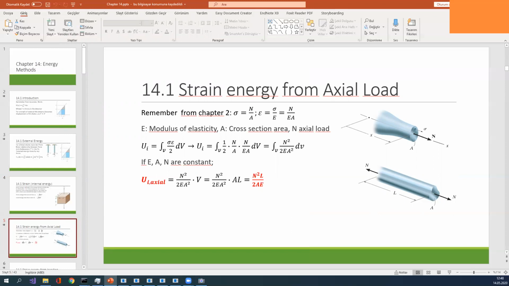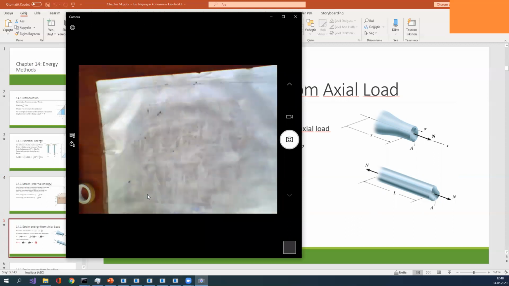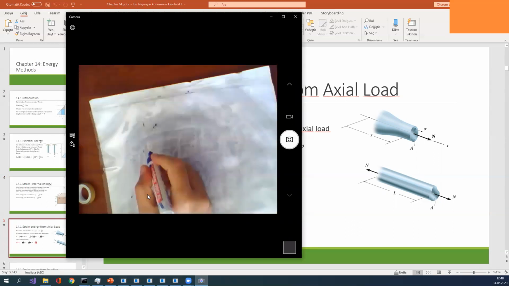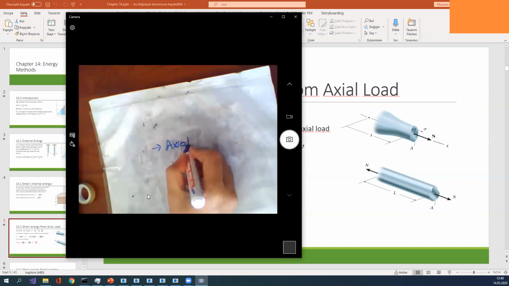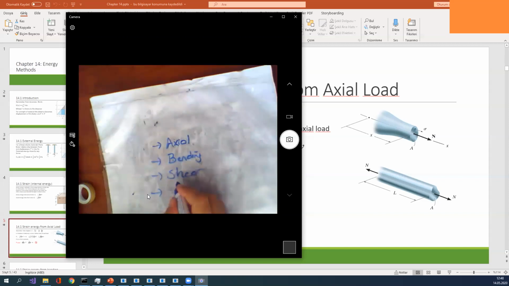Remember, how many internal effects do we have? We have 4 internal effects. First one is the axial load. The second one, the bending. Third one, the shear. Fourth one, the torsion.